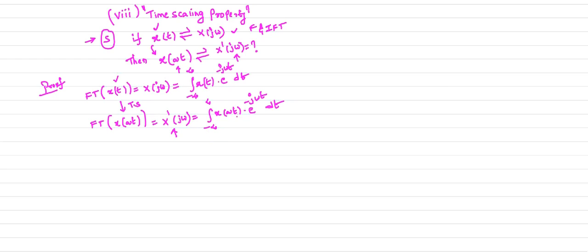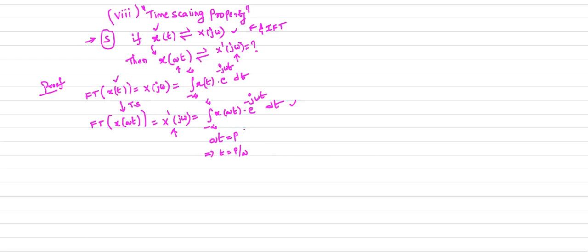For that I am assuming at equal to tau, or p. You can assume p here; you can take any variable. I want to transform this equation in terms of the t to p variable. Now the variable is p. Now what is your t here? Your t is p by a.